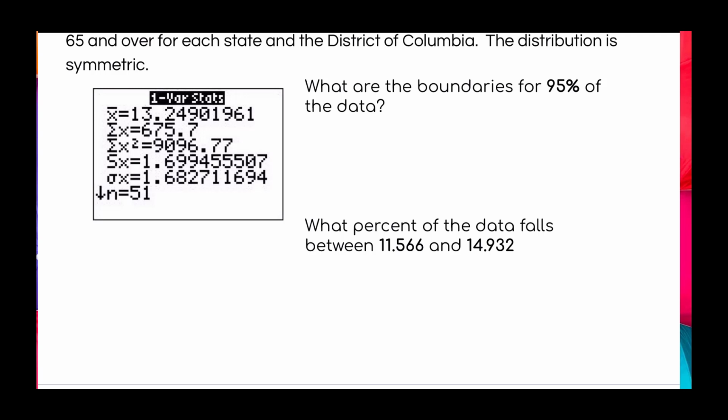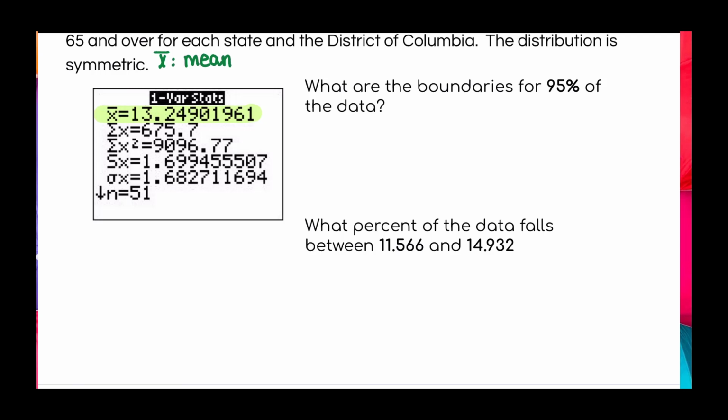Just to remind you, notations, X bar is mean. It represents, on this calculator screen, both population mean or sample mean, whichever one you were trying to find. It doesn't differentiate. It uses the same symbol for both. So remember, mean is something that we do need for the formula.